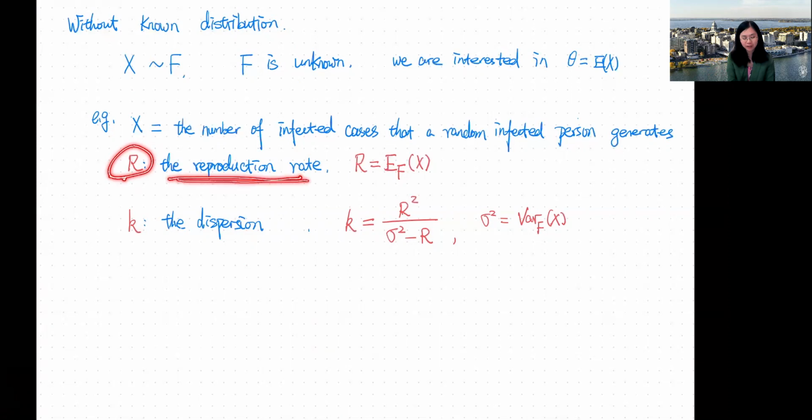If you have been following the news, you have heard of this reproduction rate a lot. So this R is the expected value of X. It is the expected number or average number of people that a COVID-19 patient infects.